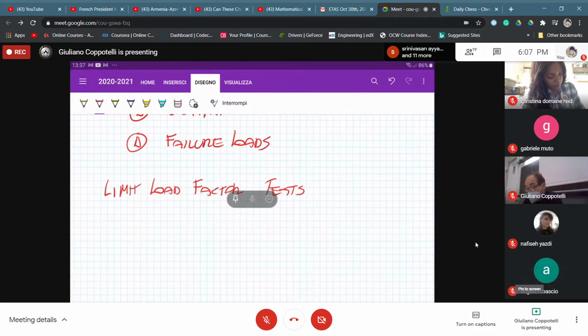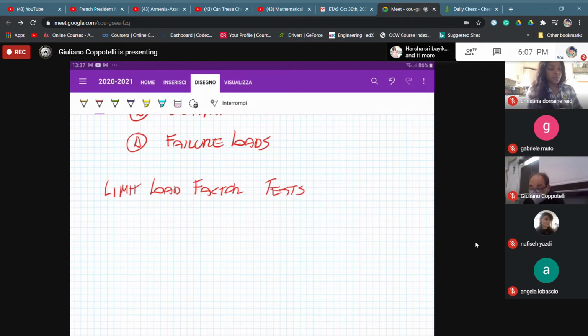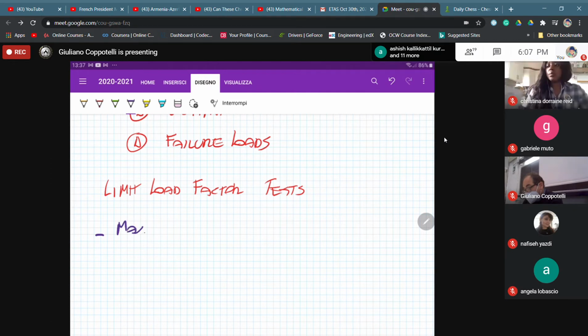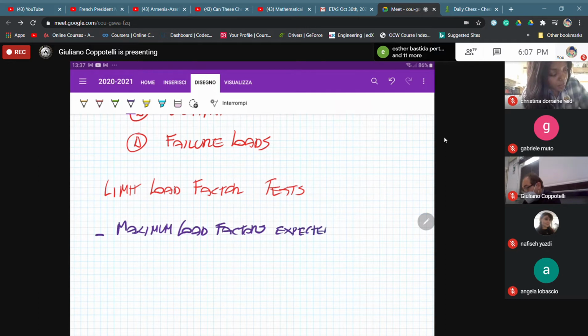In order to do that, we have to talk with our friends in the load department, offer them a very nice dinner or an appetizer or whatever, so that we know all about the loading conditions of your aircraft. Okay, so we have to know from them what the maximum load factors expected during normal service are.